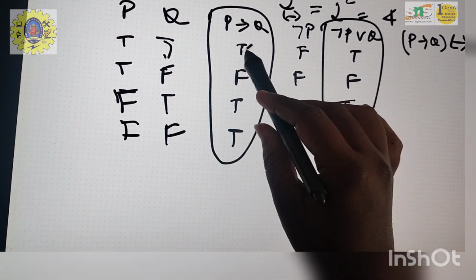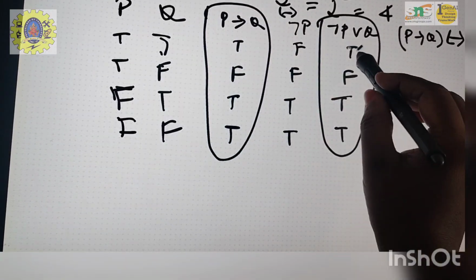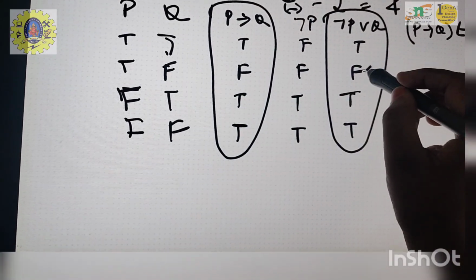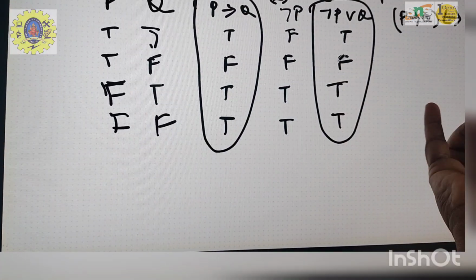If here is a true statement, if and only if it is also true, it comes true. If here it is a false statement, if and only if it is also false, then it is true.